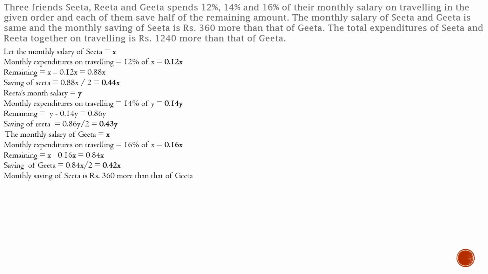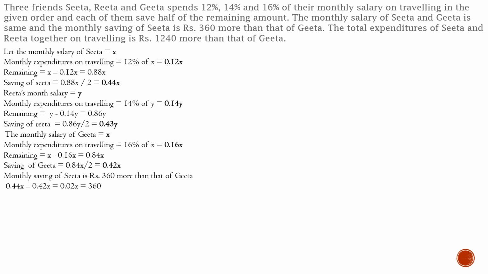So it is given that the monthly saving of Sita is 360 more than that of Geeta. That means the difference between the saving of Sita and Geeta will be 360. So Sita's saving is 0.44x and Geeta's saving is 0.42x. So the difference between 0.44x and 0.42x will be 0.02x, which is equal to 360, which is given.